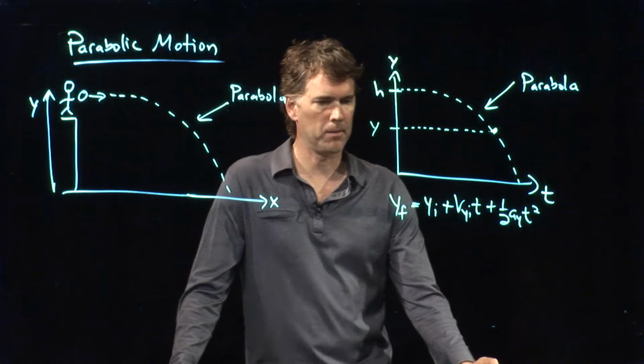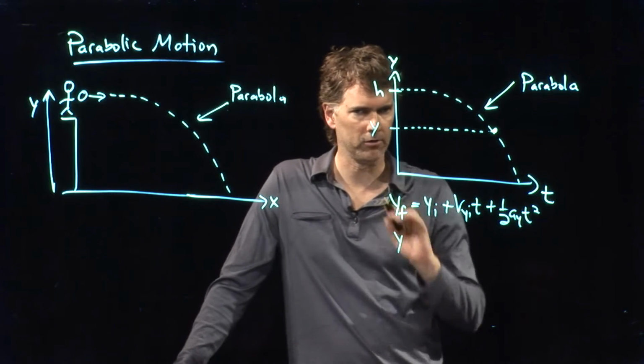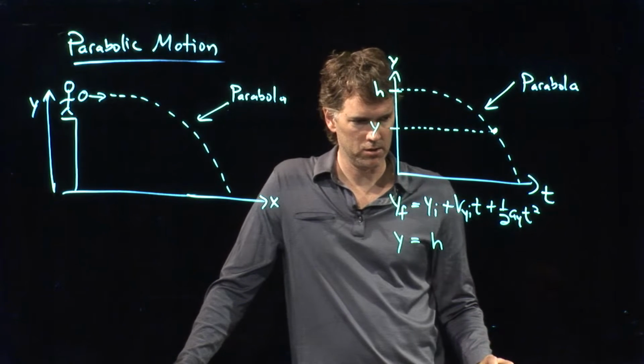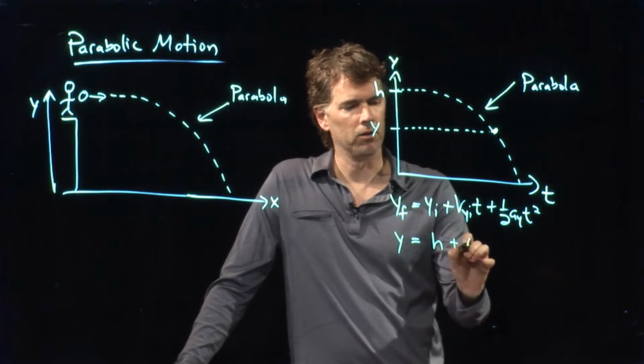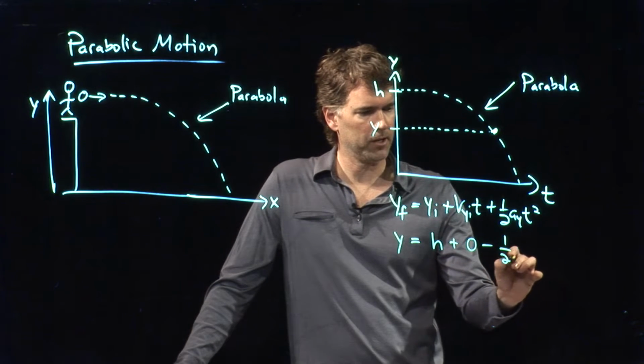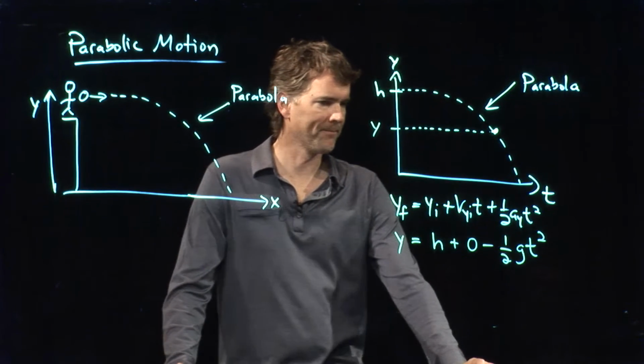How does that position y vary as a function of time? Well, y final is now just y, y initial is h, vy initial is 0, and ay is negative g, so I can rewrite that as minus 1/2 g t squared.